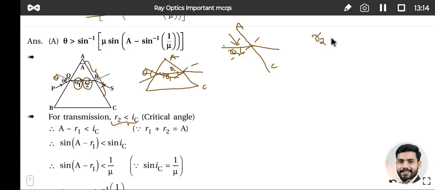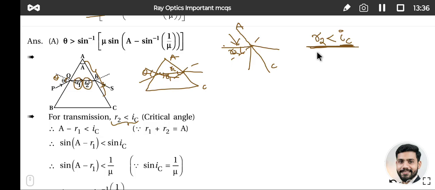So R2 must be less than the critical angle. If that angle is more than the critical angle, then total internal reflection will happen and it will come back in the same medium. But we don't want TIR, we have to get transmitted through this surface AC outside. That means that angle must be less than the critical angle. So this condition must be satisfied.